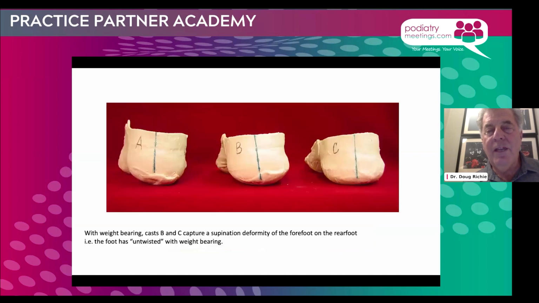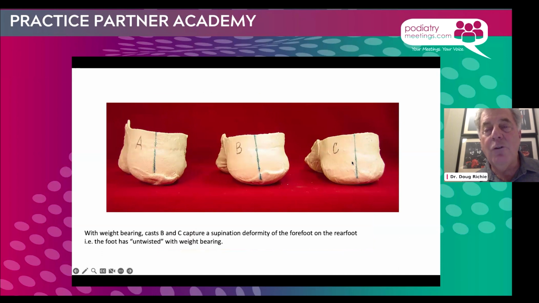He compared the three negative casts. The Root technique suspension non-weight bearing cast captures a forefoot valgus deformity, and in this case, a pronated forefoot on the rear foot. The minute that patient put their foot on the ground, the foot untwisted, and now a forefoot varus is captured in the cast.